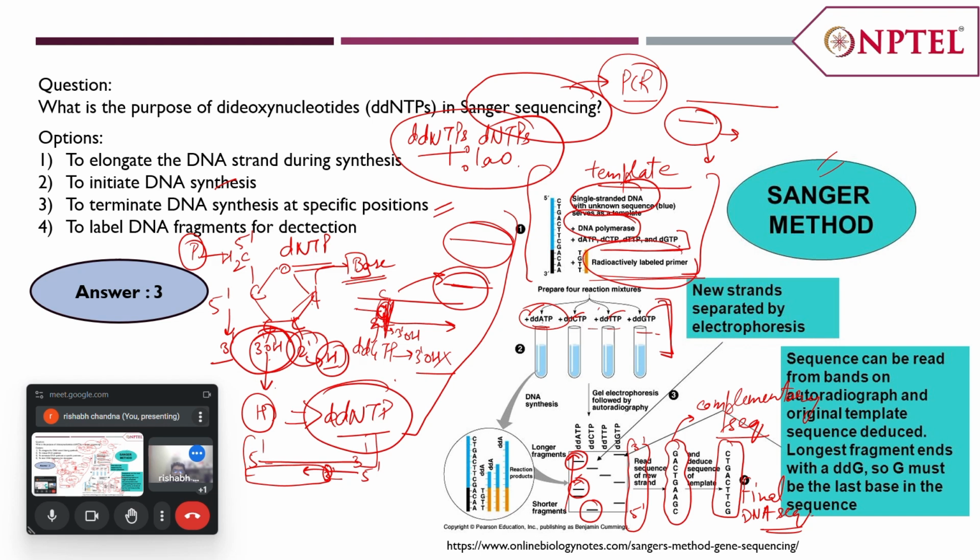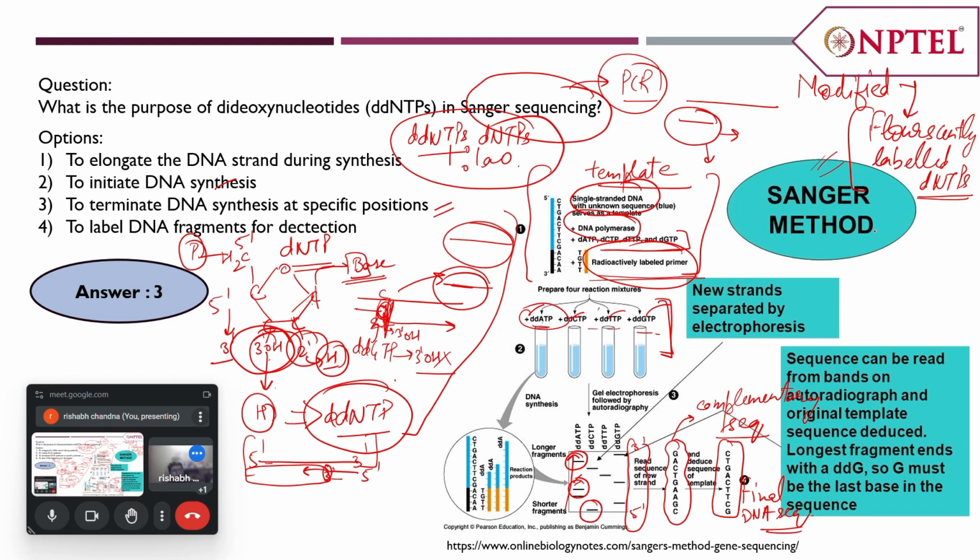Instead of a radioactively labeled primer, because radioactivity made most of the steps more cumbersome, the modified technique uses fluorescently labeled ddNTPs. So different ddNTPs are labeled in different colors, for example, ddATP is labeled in green, ddCTP is labeled in red.